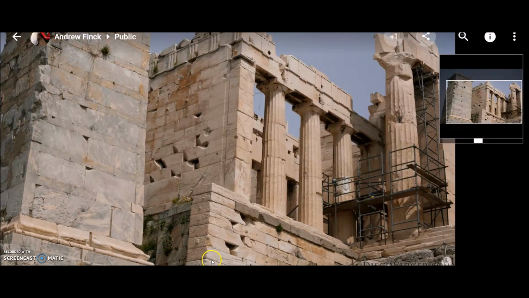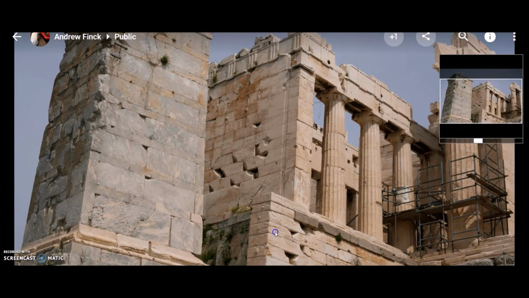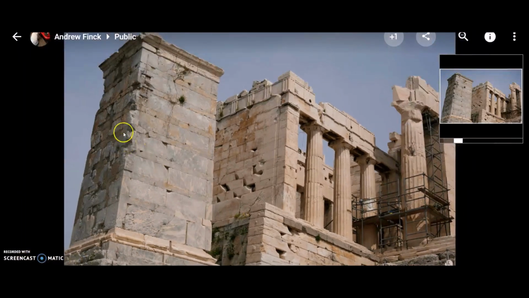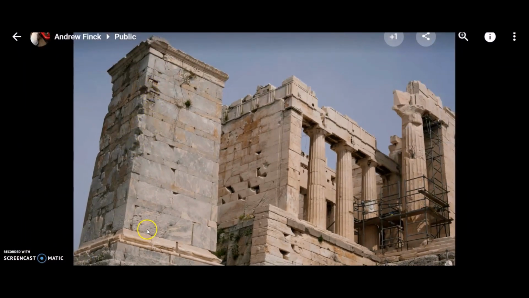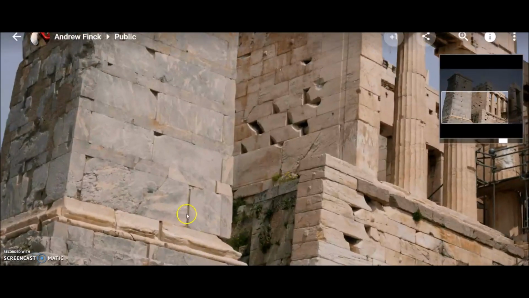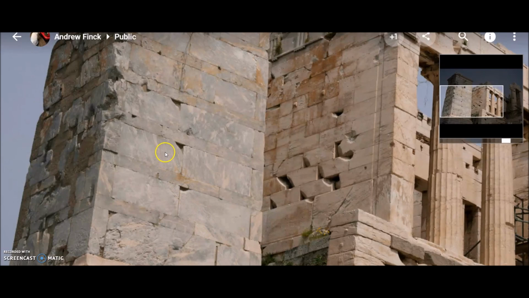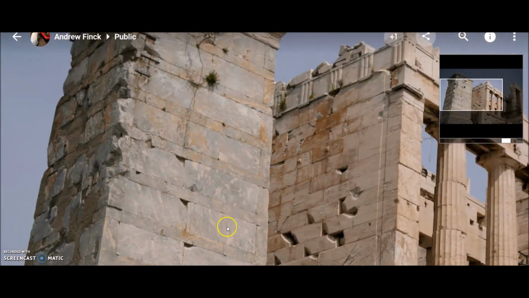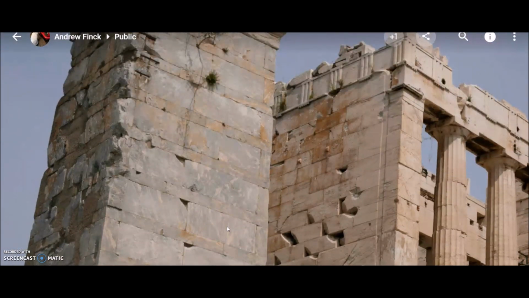Very interesting, right? So, I'm not sure about the structure in the foreground. It's very tightly fitted and precision executed. They are all finely dressed, evenly dressed. The stone appears to be a hard stone, like a marble. You can see the grain.